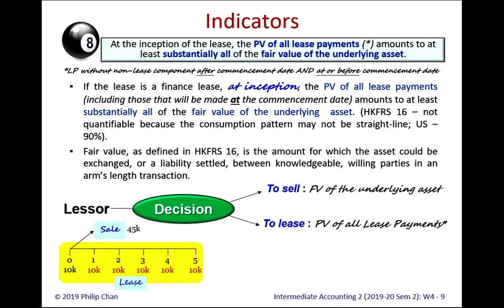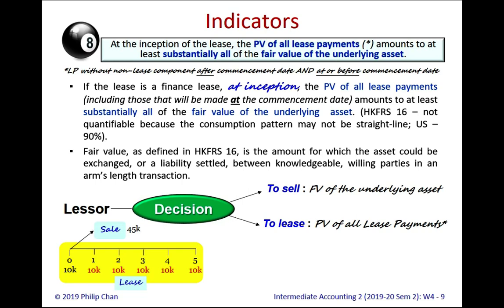So we can use a similar method here. If we know the fair value, which is 45K, and we have all the lease payments, and we also know the RVG and the URV, then we can work out the implicit interest rate based on the internal rate of return method.